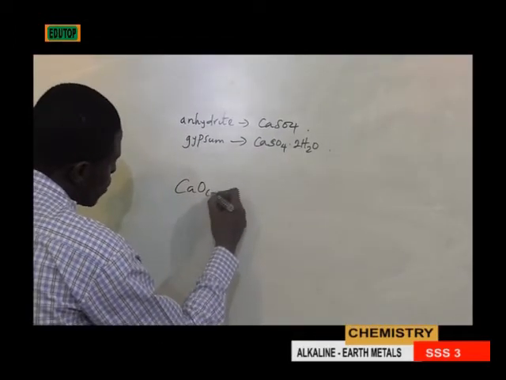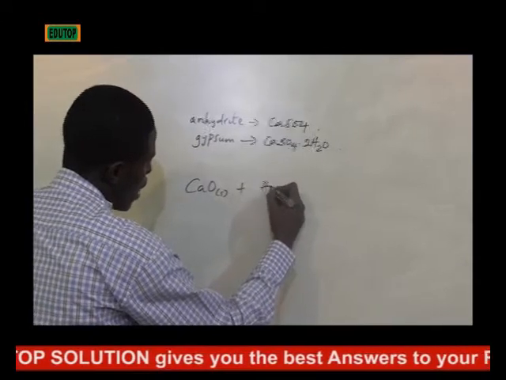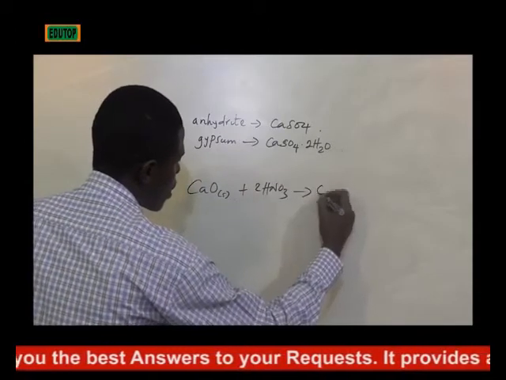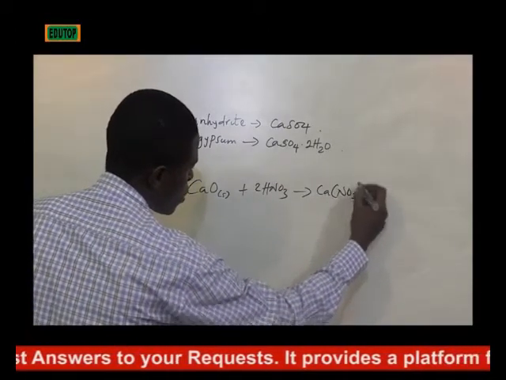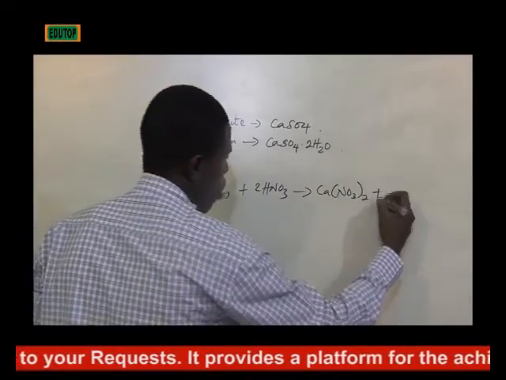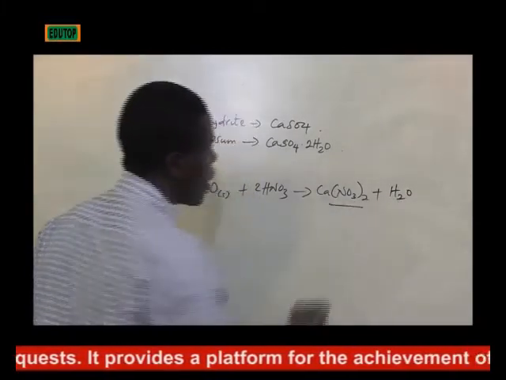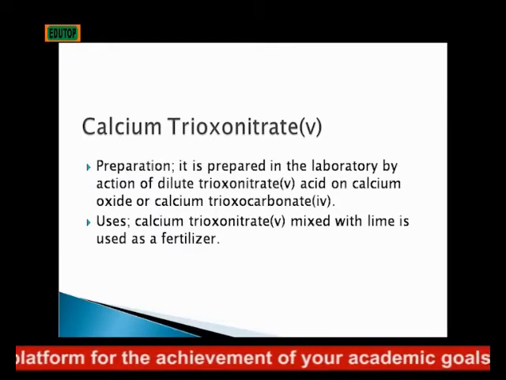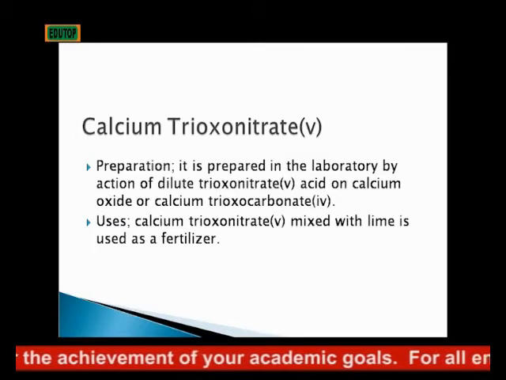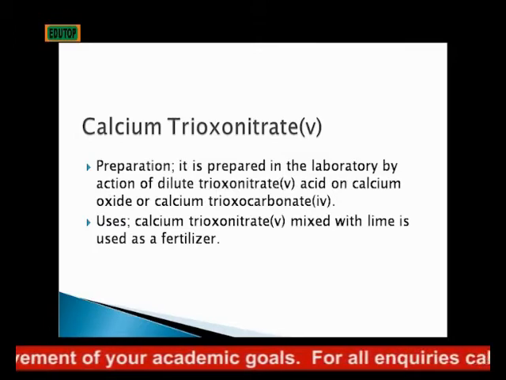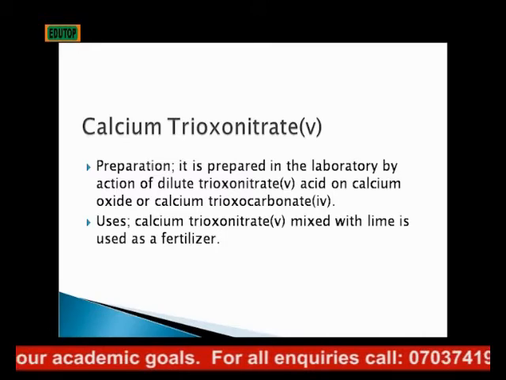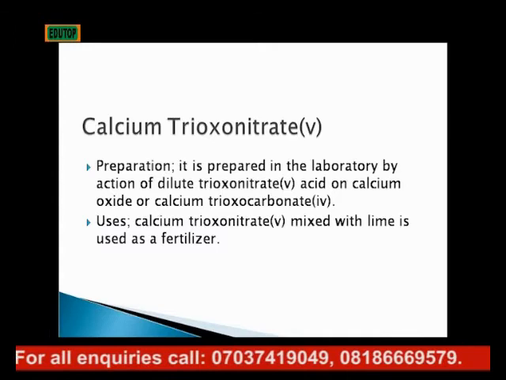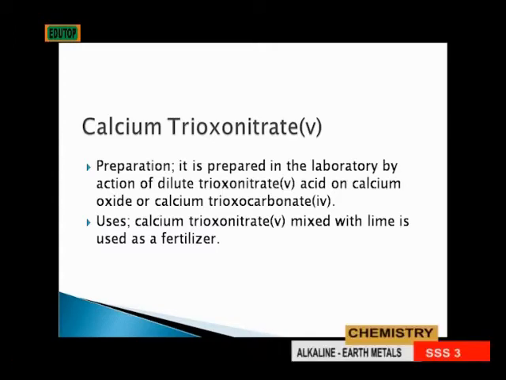Calcium oxide solid plus HNO3 gives calcium nitrate plus water, and this is a compound of interest. Uses. Calcium trioxonitrate (V) mixed with lime is used as a fertilizer. It can be deduced that most compounds of calcium are used as fertilizers.